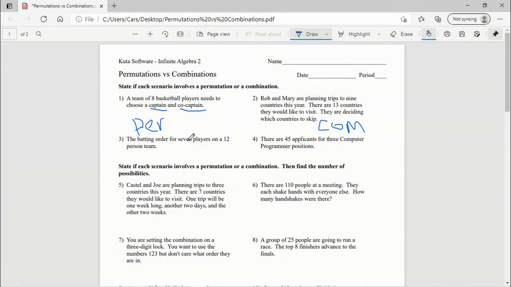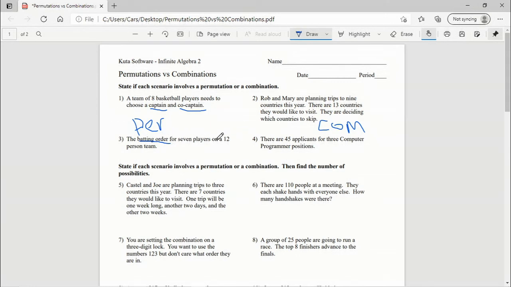Here, again, we had a specific order. We needed a captain and a co-captain. Permutation usually involves a list, or a lineup, should I say. So the batting order for 7 players on a 12-person team. Again, the batting order for 7 players on a 12-person team.